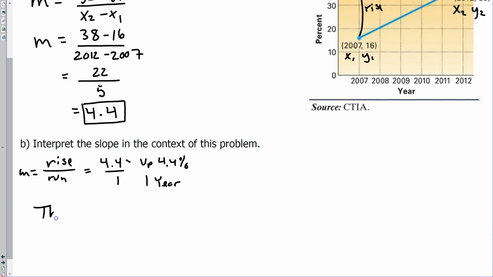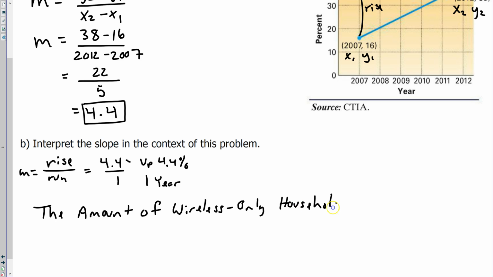So the amount of wireless only households increased 4.4% each year.